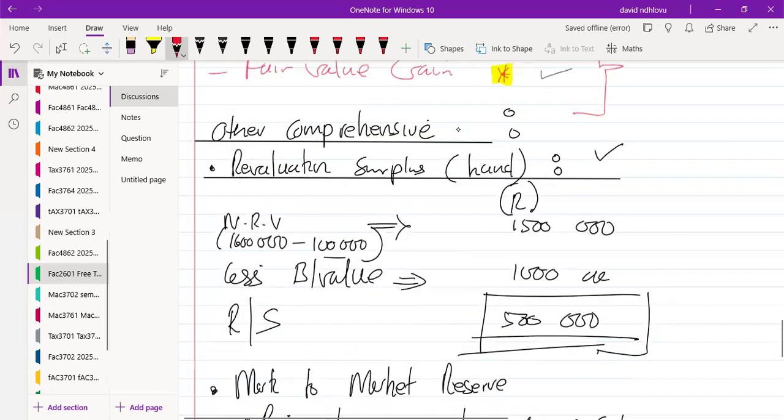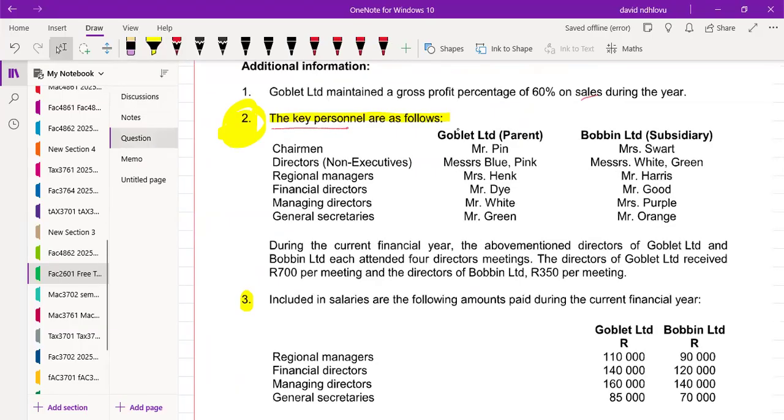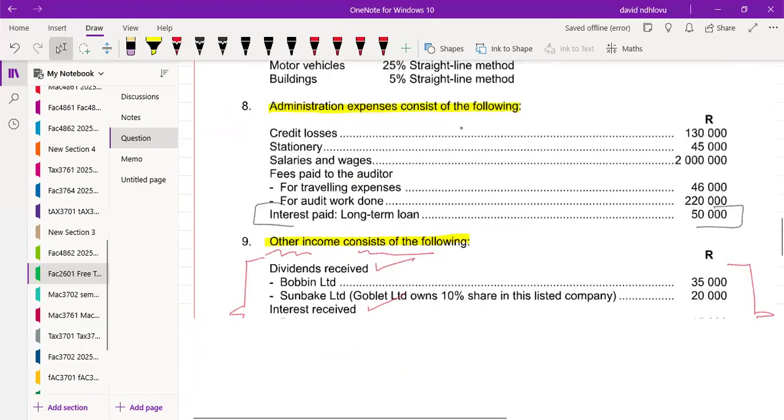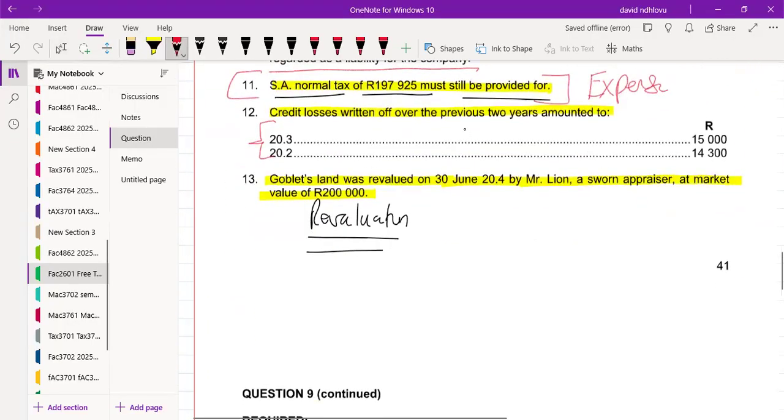So these are the two things that you've got to contend with under the other comprehensive income section. So when we go to the question, we go to the information provided here at the bottom. They were very clear on the land.